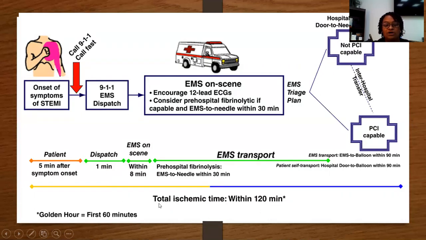And remember, we talked about our golden hour being the first 60 minutes, okay? Anytime after that first 60 minutes, you're going to start seeing a decreased chance of that patient surviving a heart attack.